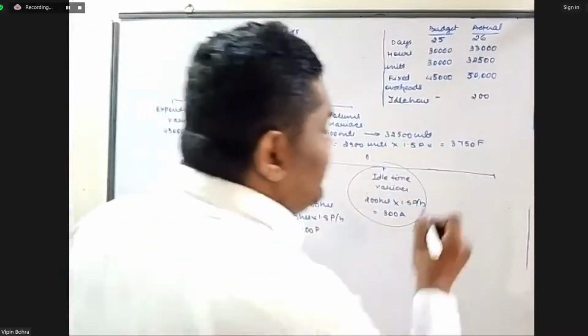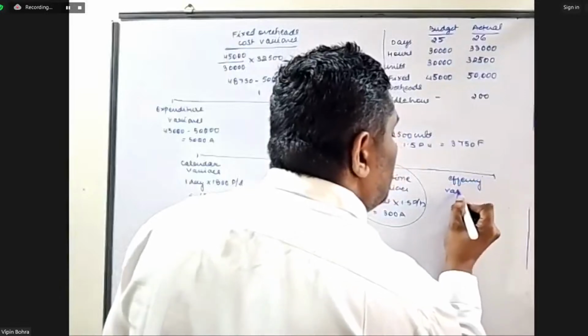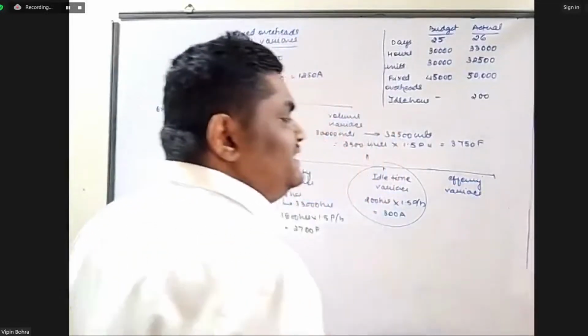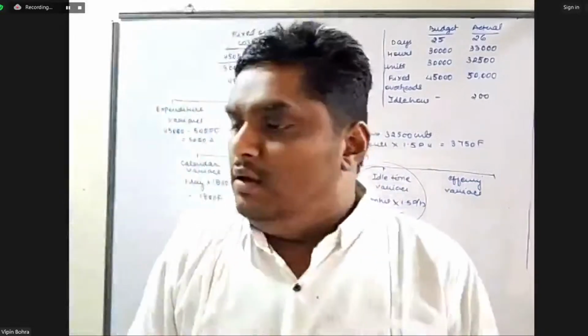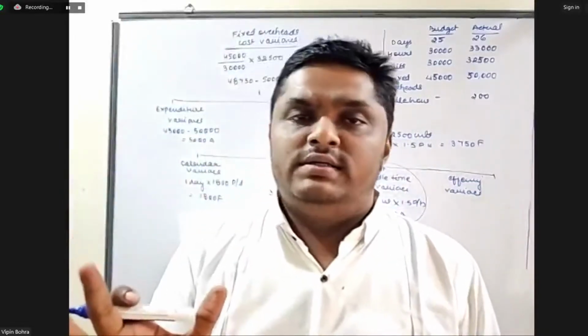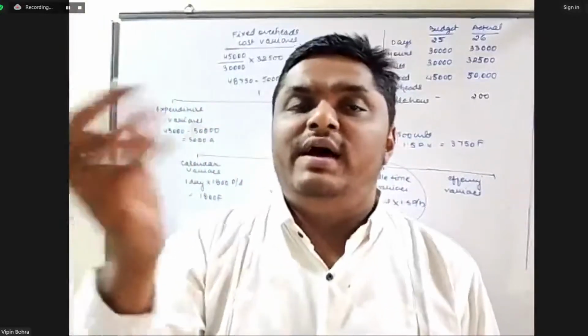Now, when talking about efficiency variance, very important, inefficiency in the previous question was for 500 hours.